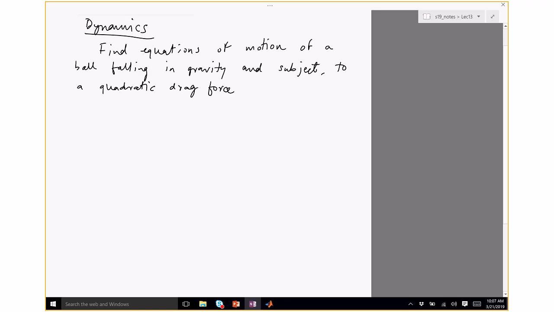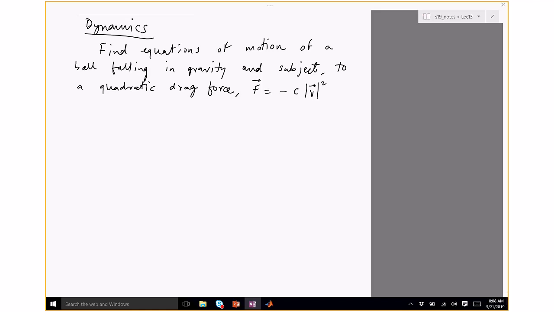Okay, how do you model the quadratic drag force? The force is negative c, which is a constant, times velocity squared. Okay, so c is a constant.